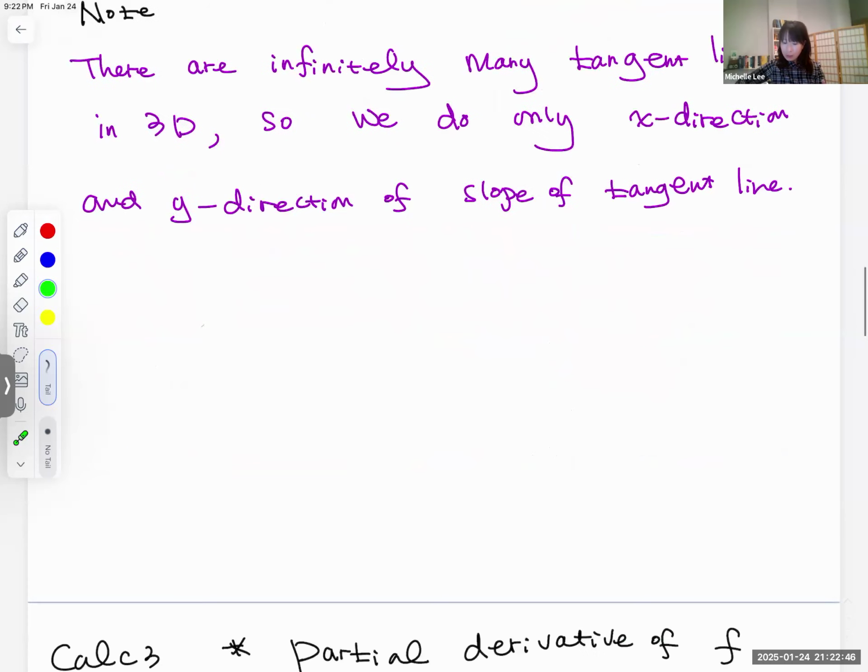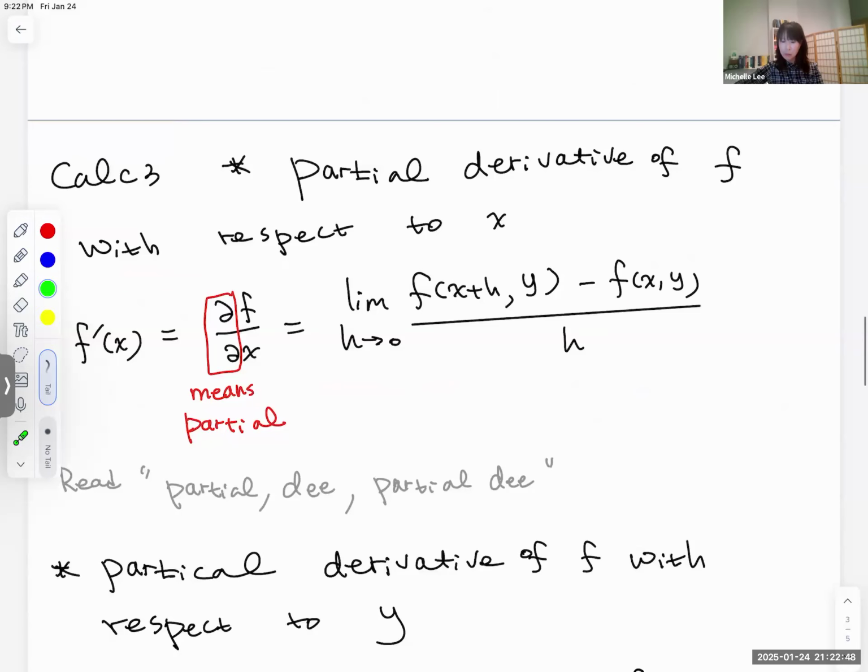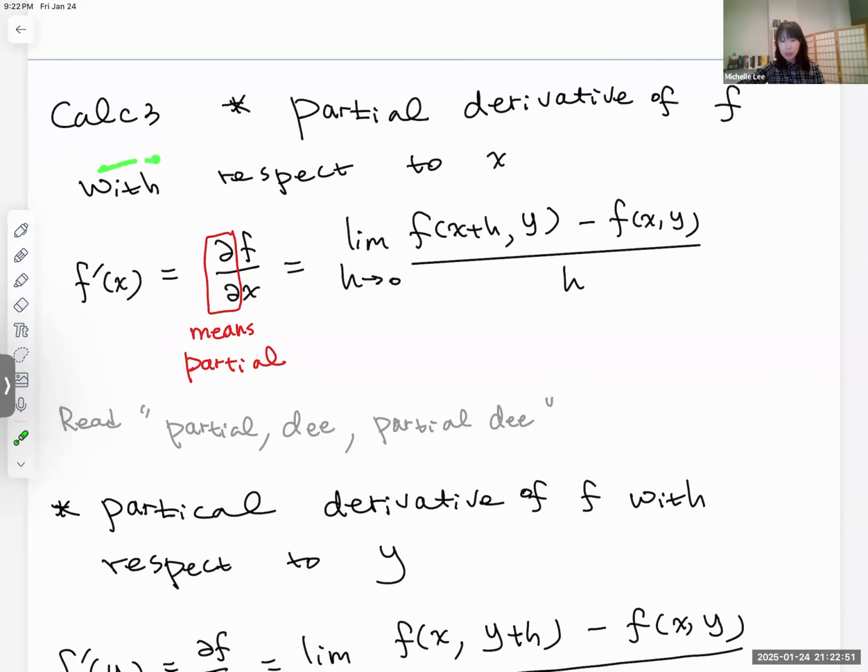Okay. Now we have the formula here. So in calculus 3, the partial derivative of f with respect to x means that we want to know about the slope of a tangent line in the x direction, right? I'm not going to write it down, I already explained it earlier. Then we have f prime of x, right? So we have this symbol. This symbol means partial.